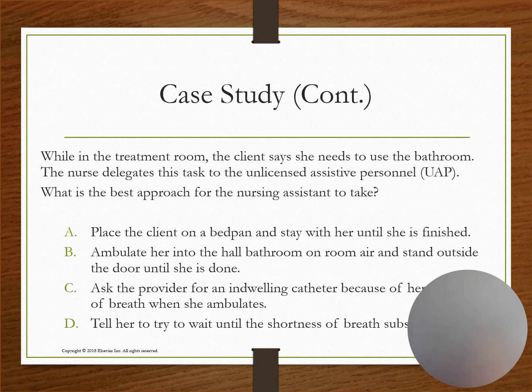Should the UAP ambulate her into the hall bathroom on room air and stand outside the door until she's done? Should the UAP ask the provider for an indwelling urinary catheter because of the shortness of breath with ambulation? Or should the UAP tell the client to try and wait until the shortness of breath subsides?